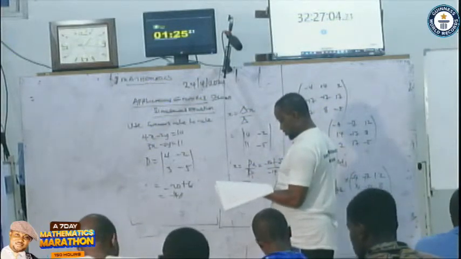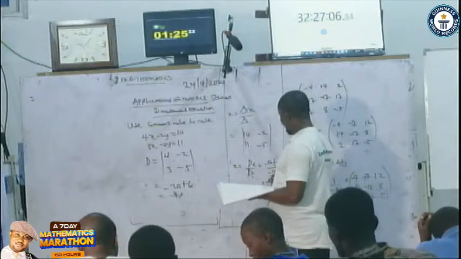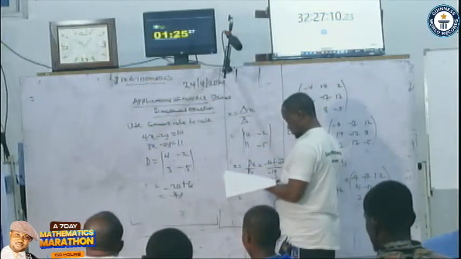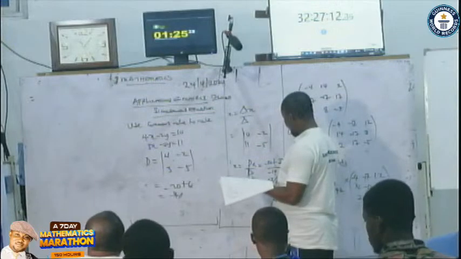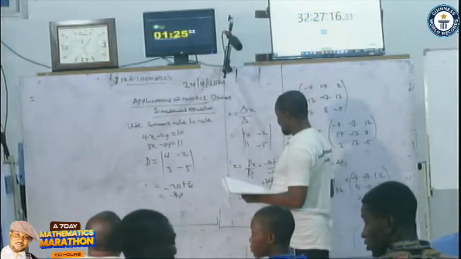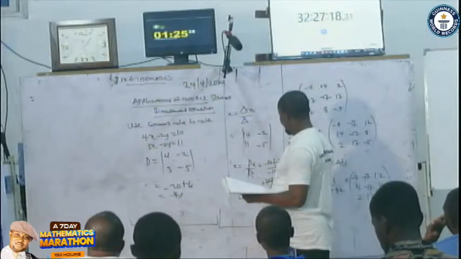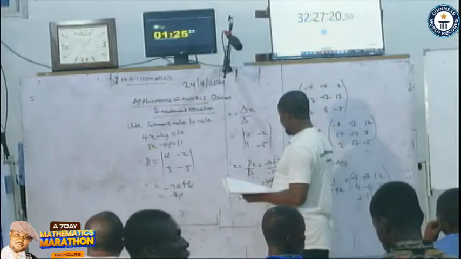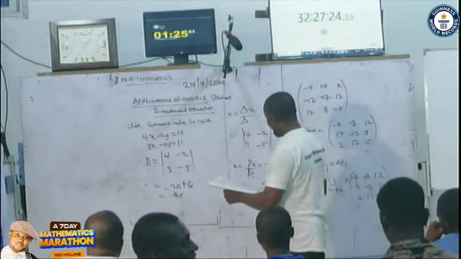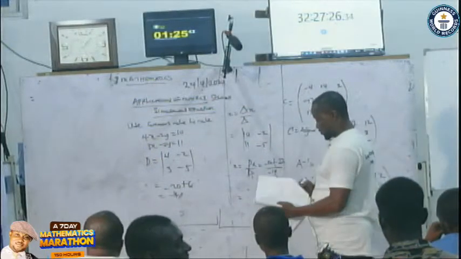So that will be minus 28 divided by minus 14, so let's cancel this out. So we got the value of x to be 2.